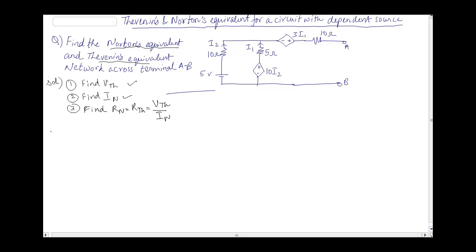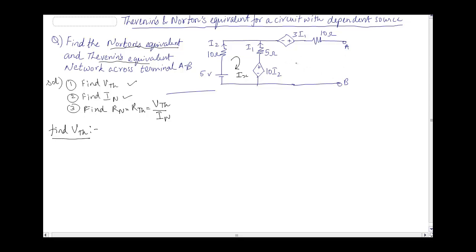So step 1, find VTH. So we know that the circuit diagram for finding VTH is that we keep it as open circuit. The same diagram we can use. The diagram is here. Let's name this current as IX, because already here I1, I2 is named, that's why I'm using IX. Here I could have drawn a current, but I cannot draw it here because this is open.